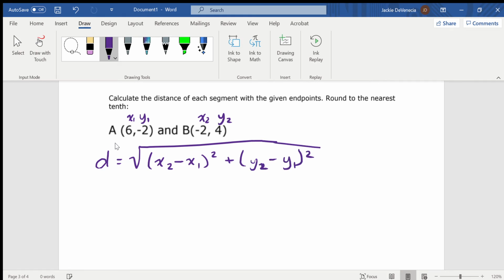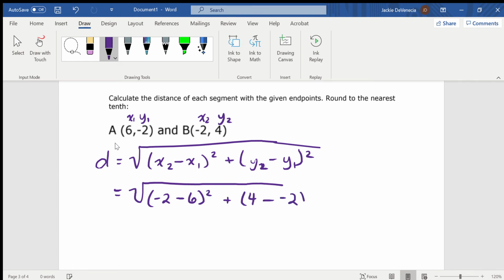So this is our distance formula. And then we're going to replace everything. So x2, that was -2 minus +6 squared. Y2, 4 minus -2 squared.